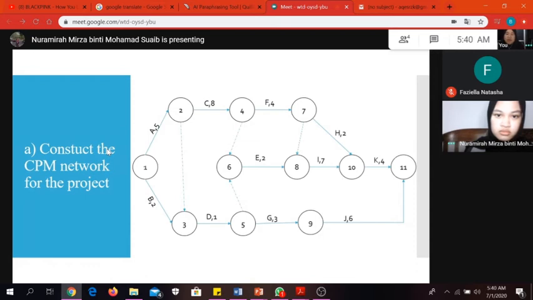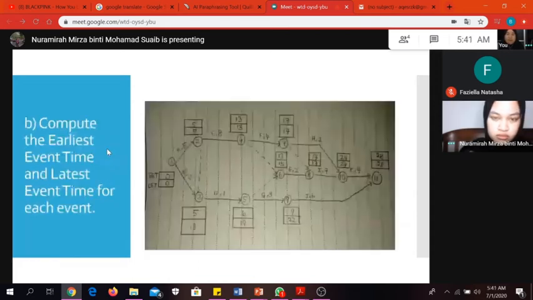But the beginning of the second and third activities is the same, so they have a dummy, same as activities 4, 6, 5, and 7 and 8. Next, I will give to the next presenter.